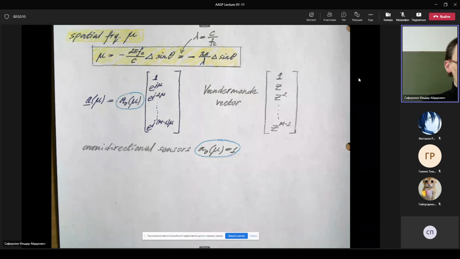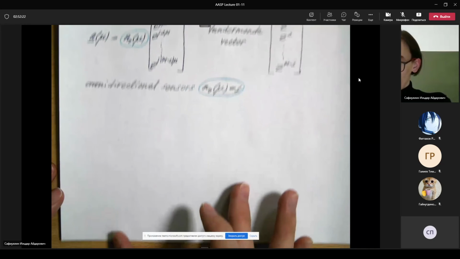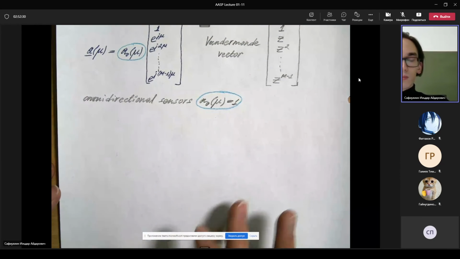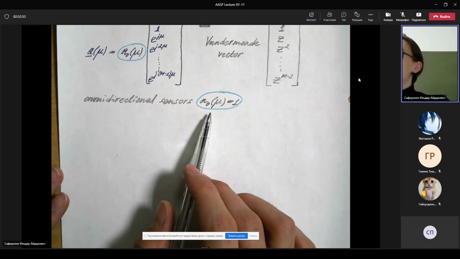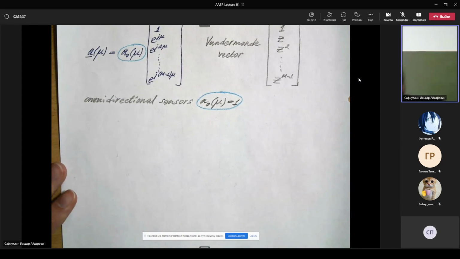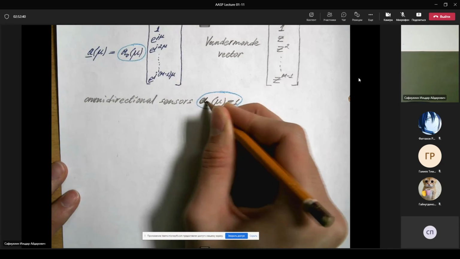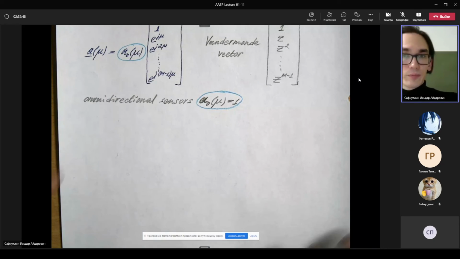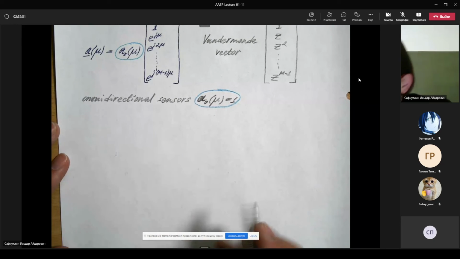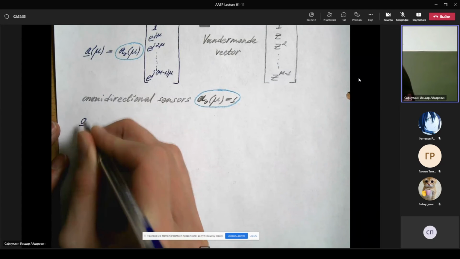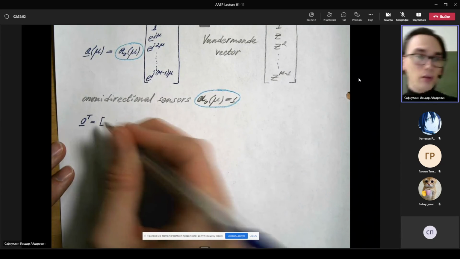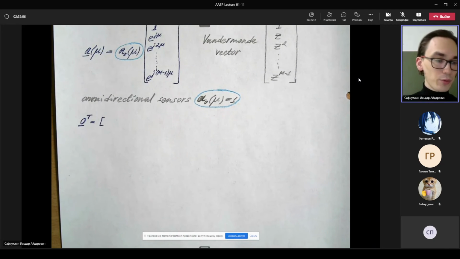So first we need to introduce vector O. It is a row vector, and all values of this vector are equal to 1.